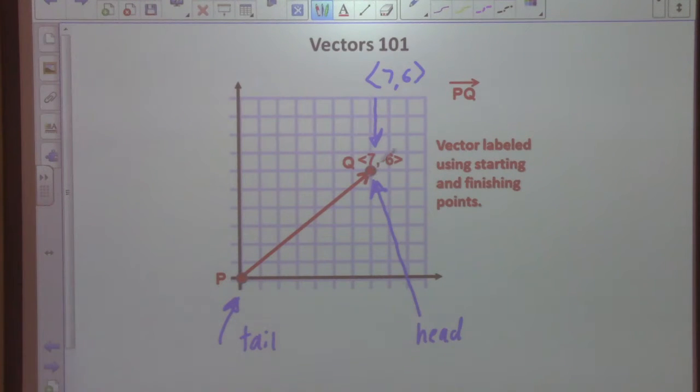But you see that this is very similar to a coordinate pair. Like if we wrote this point as a coordinate pair, would we write it the same but just with parentheses around it? Yeah. So this one really means this 7, 6 written as a vector means that you're starting at point 0 at the origin and going up to here.